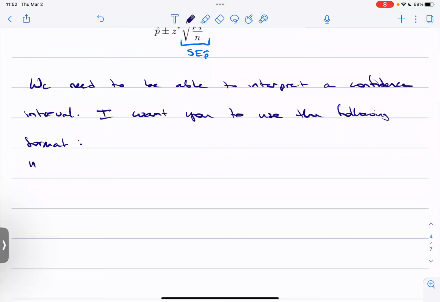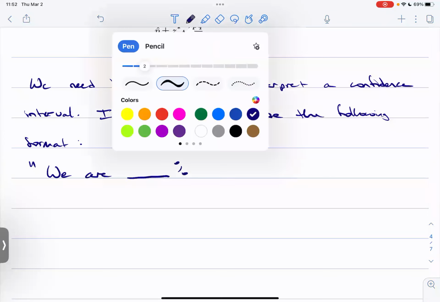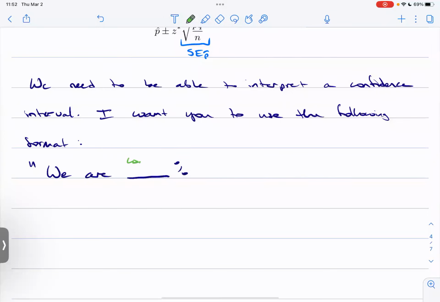I tend to use the royal we. We are blank % confident. That's a good start. We are blank %, and this is where you would insert your confidence level, whatever is appropriate for what you built. 95%, whatever.